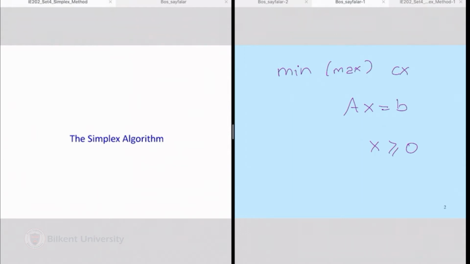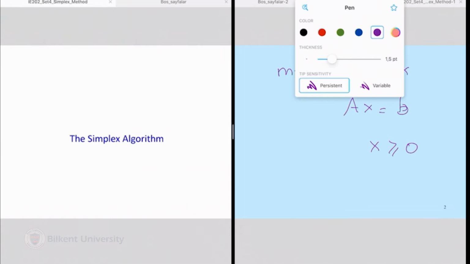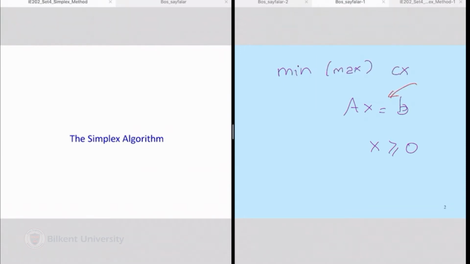So we should have all equalities here. That's one of the requirements of the standard form. What is another requirement? We should have the b vector all non-negative, okay? What else was the requirement? We should have all our variables to be non-negative. And we can have either a min or a max problem.